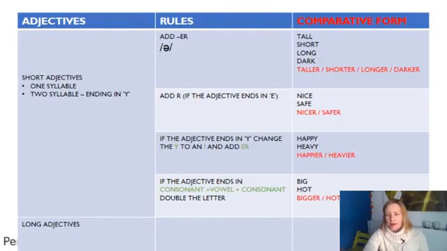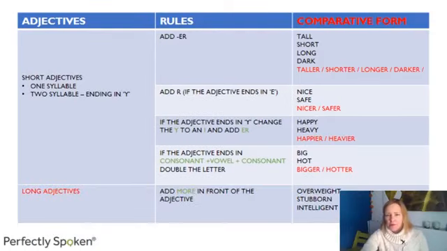Okay. And now we've got here the long adjectives. So here with the long adjectives like overweight, stubborn, intelligent, underweight, with these you simply add more in front of the adjective.